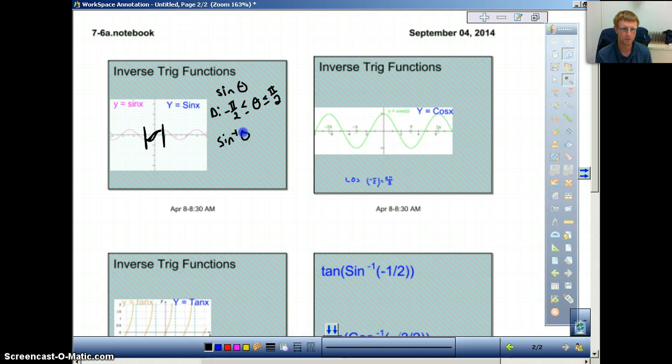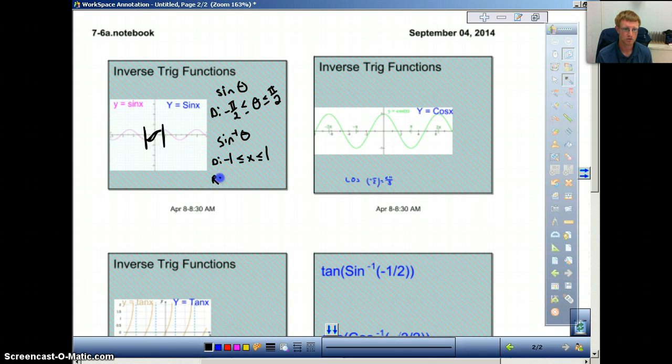The inverse sine of theta, the domain has to be, and again, we're going to reverse this completely. So think about the range of sine. The range of sine is -1 to 1. So now that's going to become the domain because it's the complete inverse. We reverse everything. So -1 is less than or equal to x, which is less than or equal to 1.